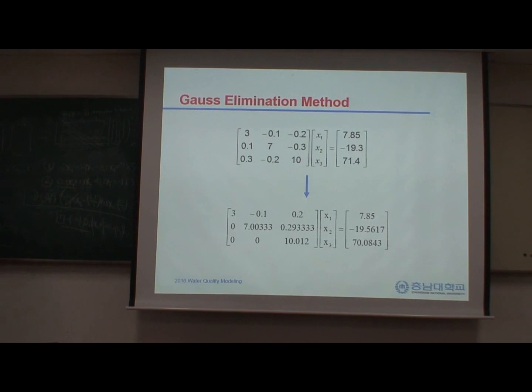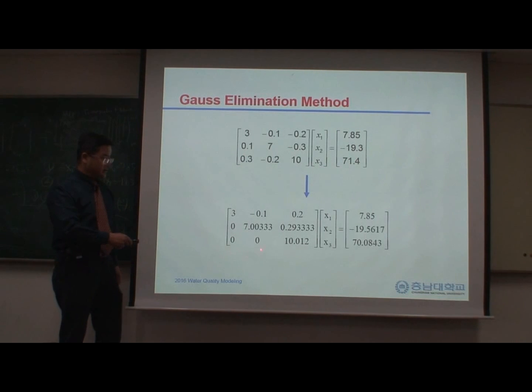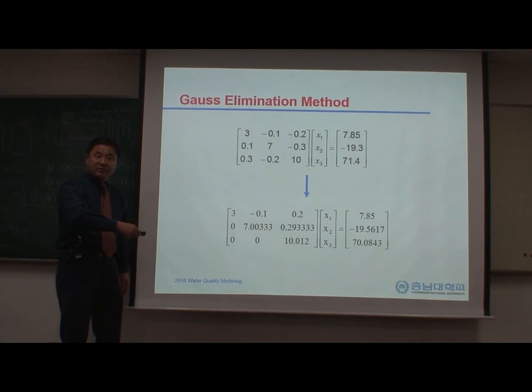Okay, what we eventually did was we had a kind of matrix like this. Okay, this matrix did become like that, right? So 0, 0, 0. So this is forward elimination to come up with an upper triangular matrix. And we can notice that we also did change this part. And sometimes we can make a mistake by changing terms in here only.